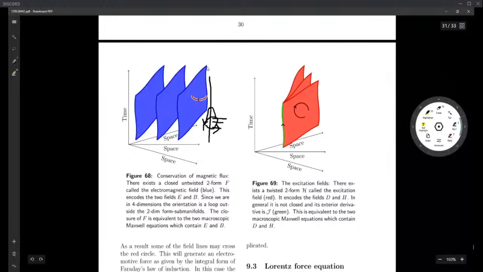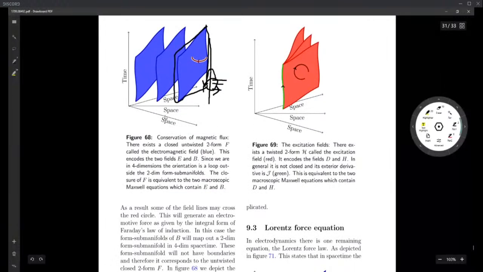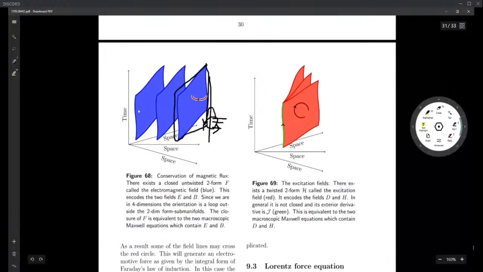The influence of this field is what is denoted by this blue slice. It encodes both of those fields, and since we're in 4 dimensions, they loop outside and create these 2-dimensional submanifolds, right?